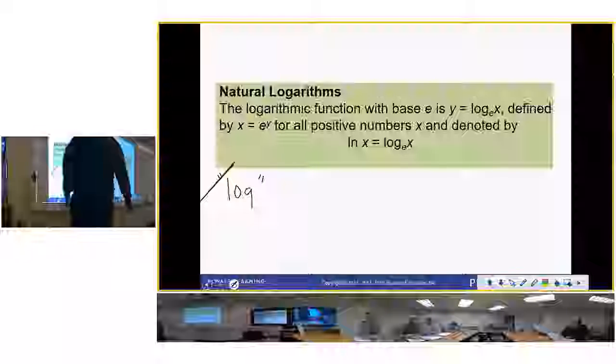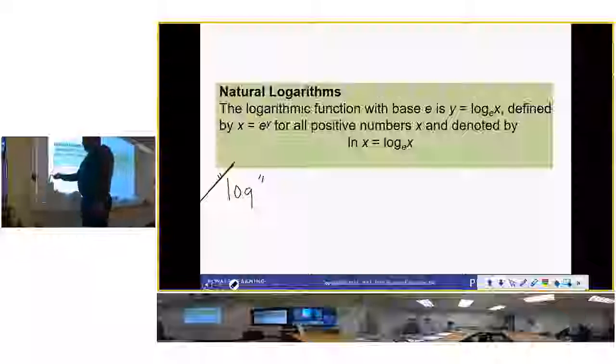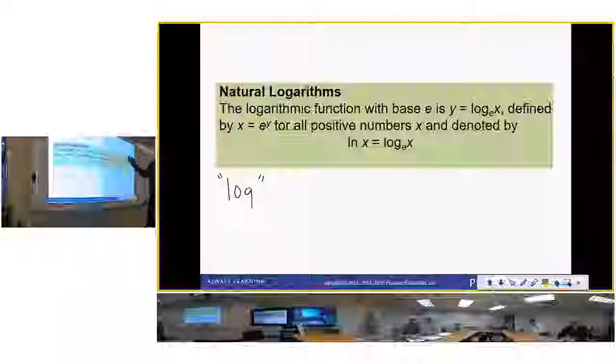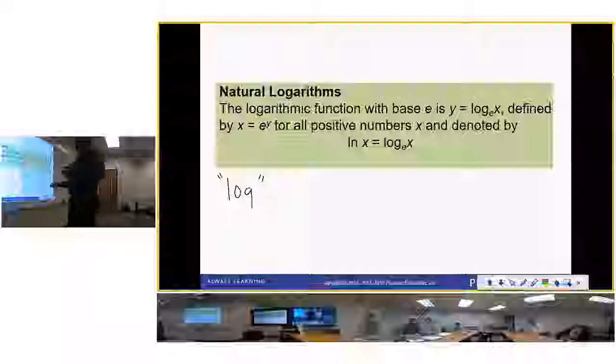Usually a teacher will pick one before the other. And I do LOG, but it doesn't really matter. I don't sit there and go, oh, I really don't want to use natural log. It's kind of like when you're playing baseball, you just wait for the pitch, whatever pitch comes, you swing at it. It doesn't matter to me.